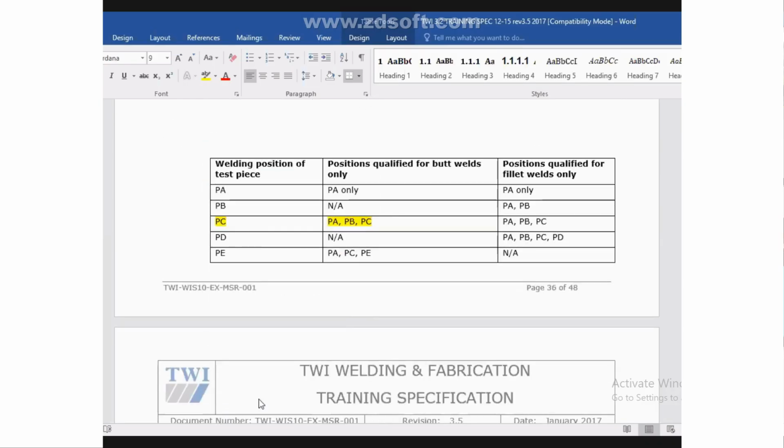If you look at in PC position, it's qualified PA, PB, PC. Yeah? PA, PB, PC qualified. PE only qualified, PA, PC, PE.